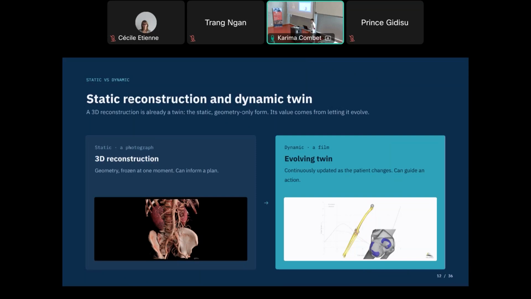What we really want is to go a step further and make the twin dynamic. Think of the reconstruction as a single photo and of the dynamic twin as a video, a film, continuously updated as the patient condition changes, or as the procedure is going on.